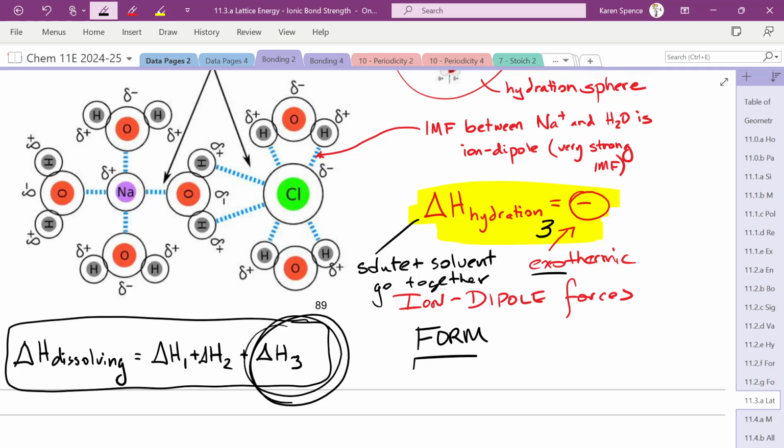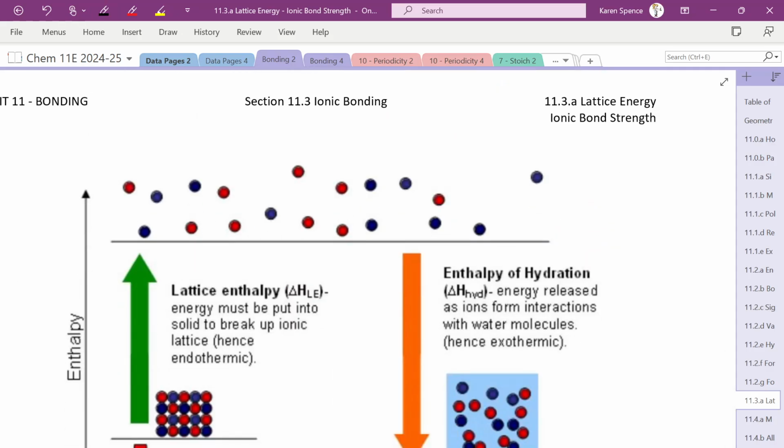The dissolved one. So even if you have a positive value for dissolving, it still might dissolve as long as the randomness is sufficiently increasing. But again, that's going to be for next year, so don't worry about that too much. If you're all looking at me like, what did she just say? We're going to move on.